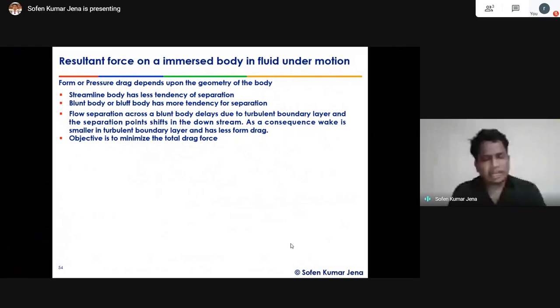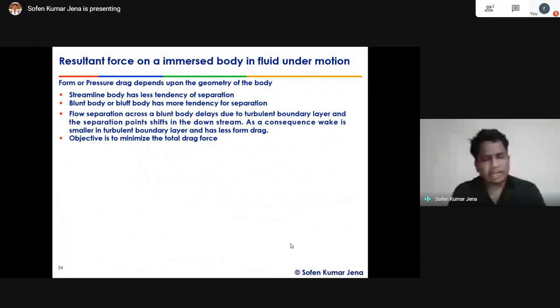Flow separation across a blunt body is delayed due to a turbulent boundary layer. Already we have discussed that turbulence has high inertia, right? So even if the adverse pressure gradient and the drag force want to pull it back, the turbulence wants to cover a maximum distance before it loses its inertia and the fluid starts traveling in the reverse direction.